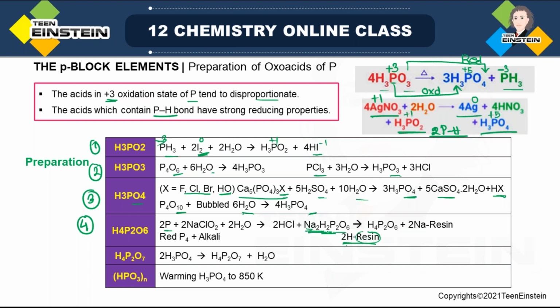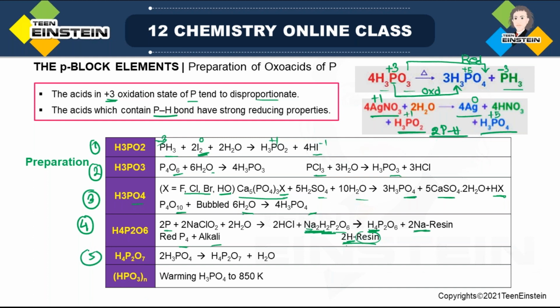So the total number of hydrogen will be 4, and in place of hydrogen, sodium will be on the resin. So this is basically an exchange, and you get H4P2O6. There is another method also, which is red phosphorus treated with NaOH, an alkali.